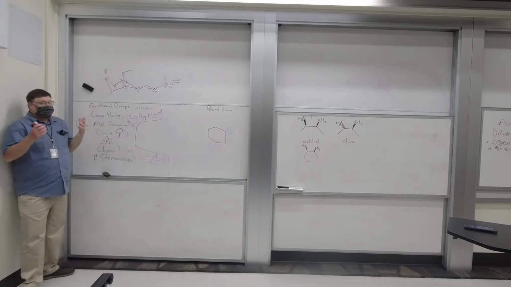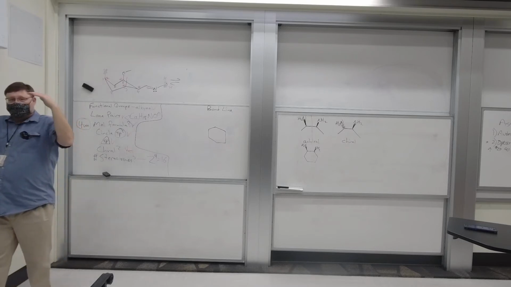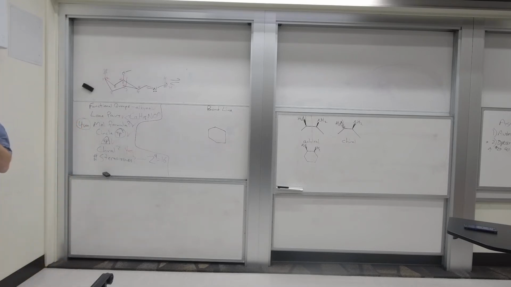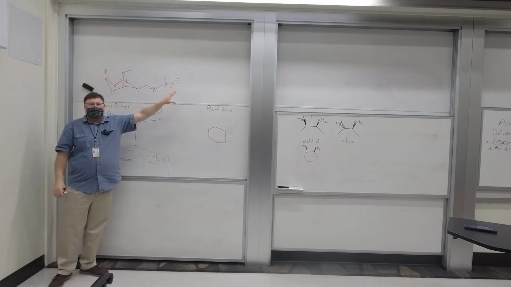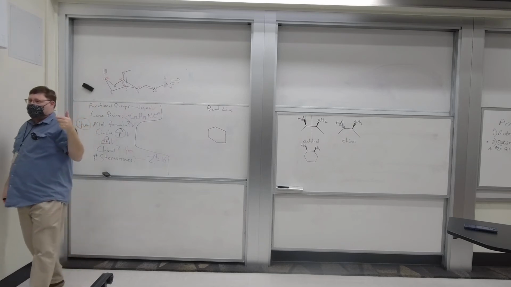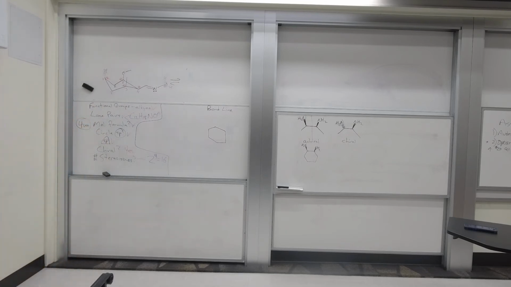In a chair flip, the three up carbons move down, the three down carbons move up. So the chair itself has to change. If you draw the chair exactly the same over here and just switch equatorial and axial, you'll in fact draw the enantiomer. It's a pretty good way to draw the enantiomer.